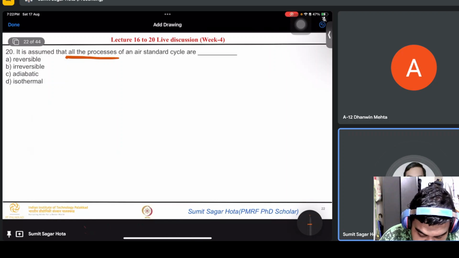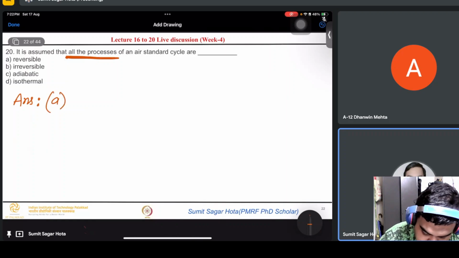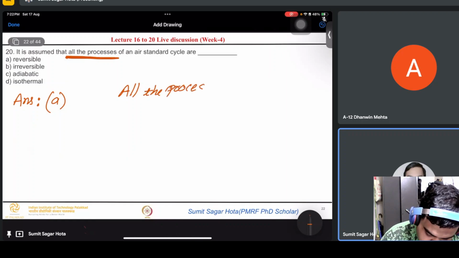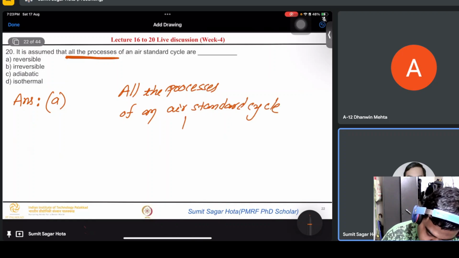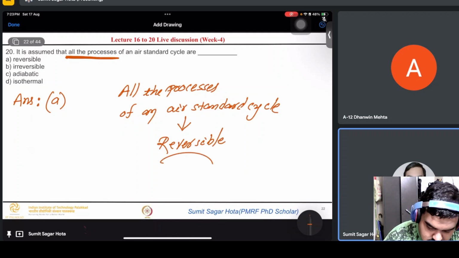So obviously, irreversible or reversible? Obviously reversible.